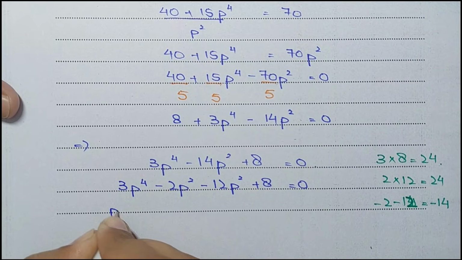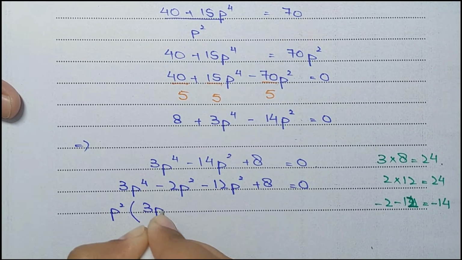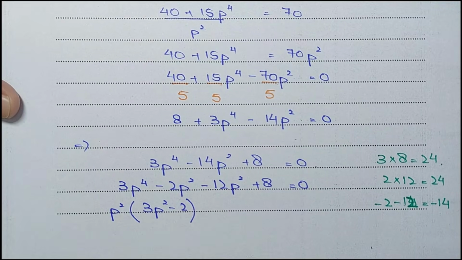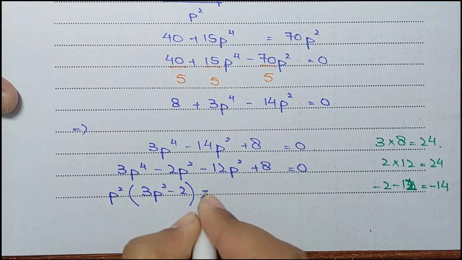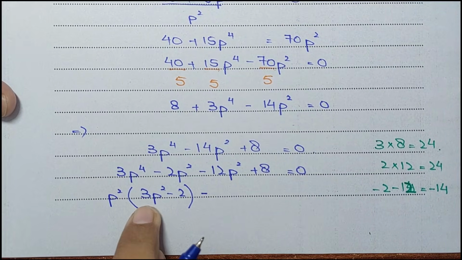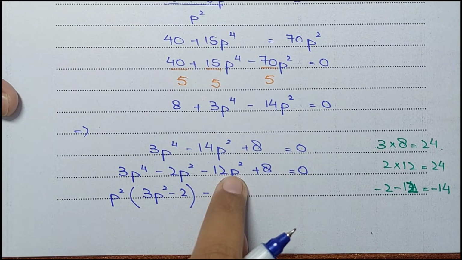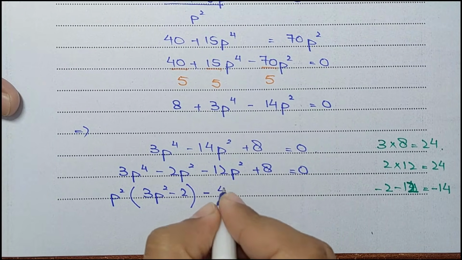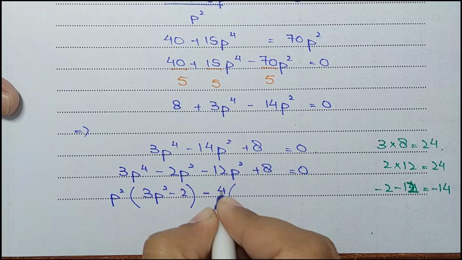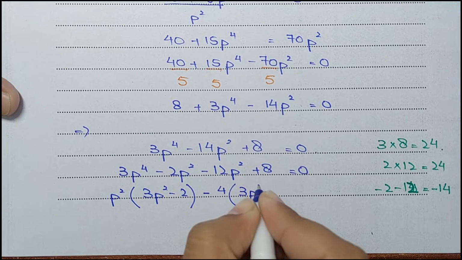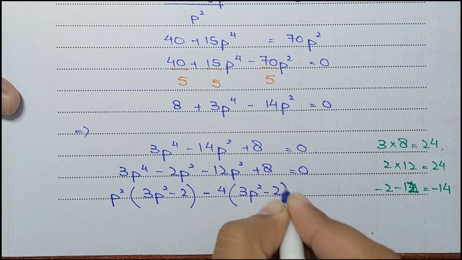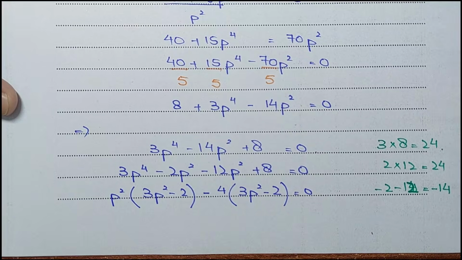Now here you can take p square common. 3p square minus 2 is left. Okay, you need to take a negative sign common to make this positive. Now make it 3, 3 times 4 is 12. Take 4 common now. 4 times 3 is 12, p square with a negative, 4 times 2 is 8. Okay.